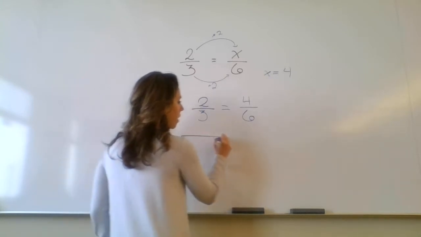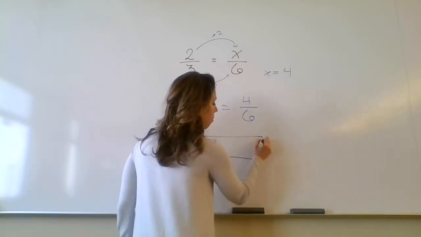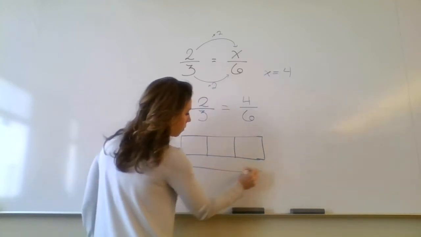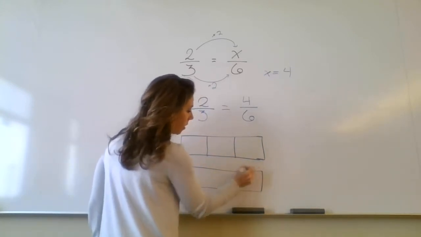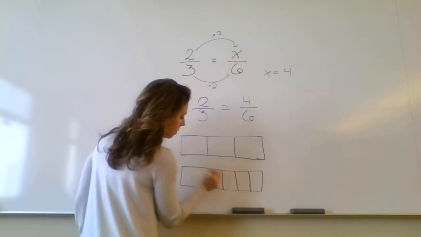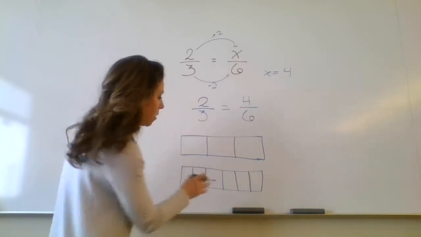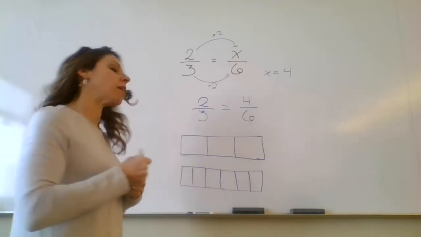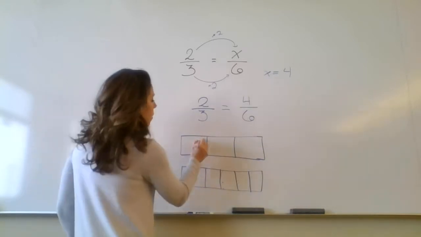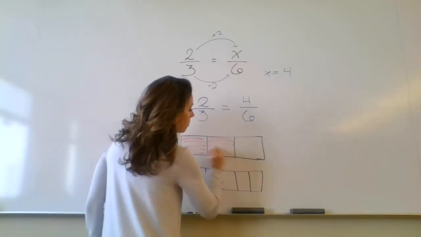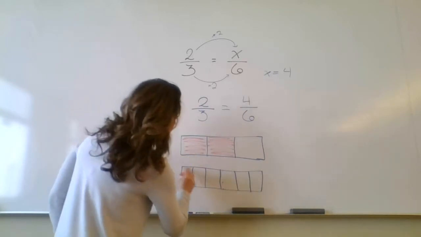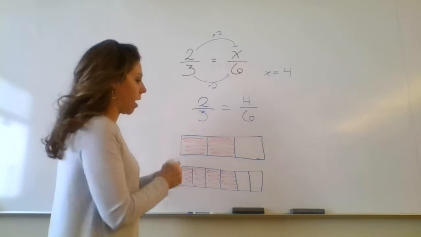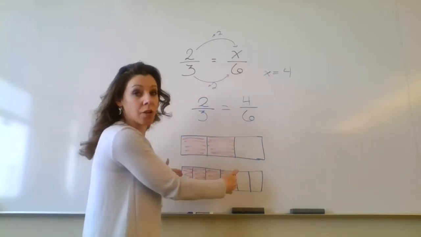In my strip diagram, my first whole is broken into 3 equal parts. My second whole is again broken into 6 equal parts. I'll try to do a very good job of making those equal. But now when I shade in 2 of the 3 equal parts, and 4 of the 6 equal parts, I can see that indeed these are equal.